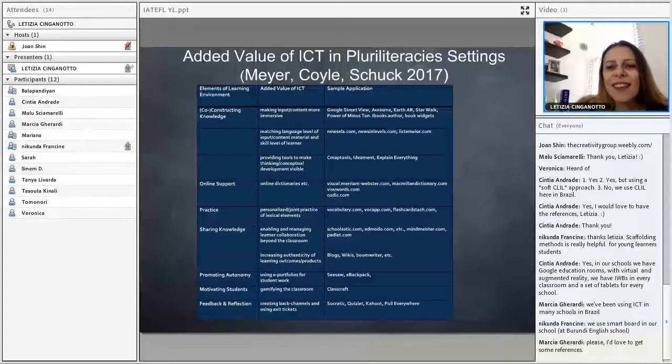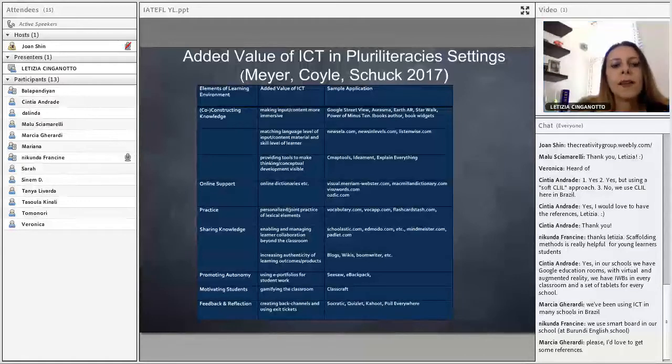But here you have some examples of the added value of ICT in your learning environment, some simple applications, and how you can, with these applications, reach some certain objectives like co-constructing knowledge and online support, sharing knowledge, practice, promoting autonomy, motivating students, feedback, and reflection.